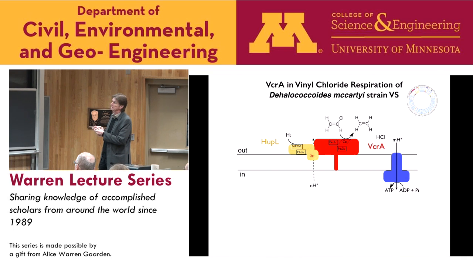We don't know exactly how they are coupled, but essentially these two enzymes are sufficient. Somewhere in this process, protons need to be translocated across the cytoplasmic membrane and then are used in the membrane-bound ATPase to conserve this energy in form of ATP.